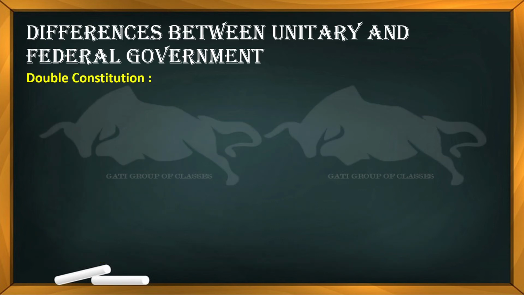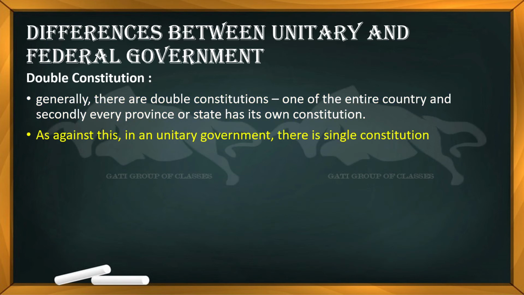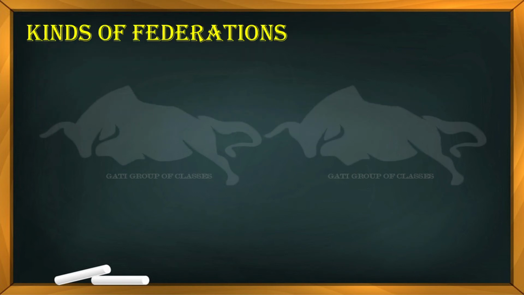Double constitution: generally there are two constitutions, one for the entire country, and secondly every province or state has its own jurisdiction or constitution. As against this, a unitary government has a single constitution. In India, there is a quasi-federal government, so only one constitution is available, but the powers and the rights of every state and the center have been written separately.